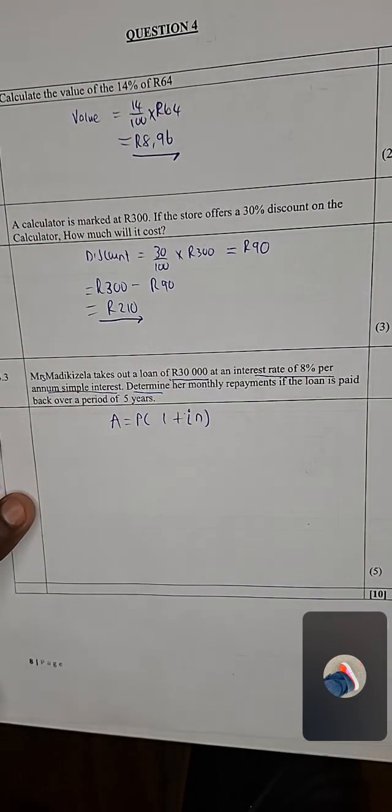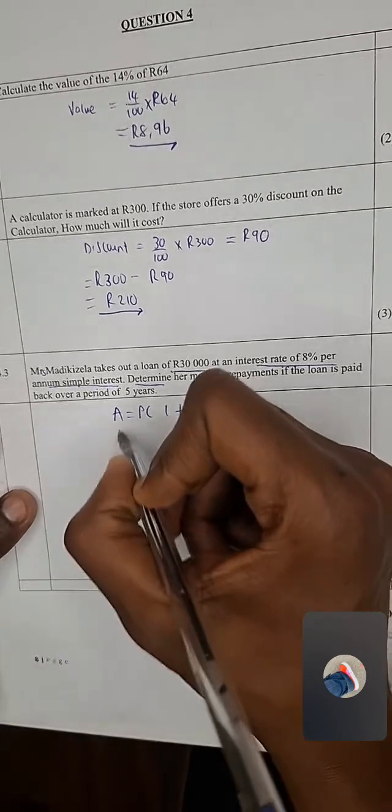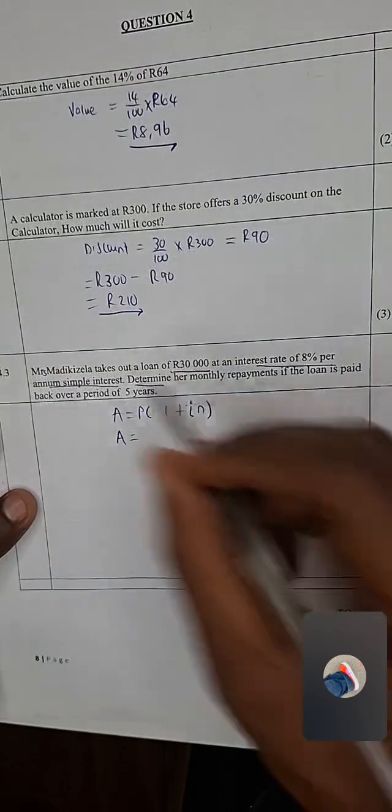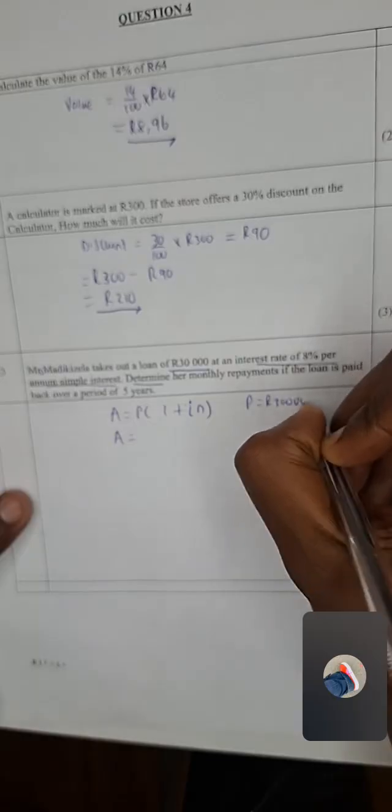So we'll first say A equals P, 30,000. Okay, so you're saying P is 30,000.